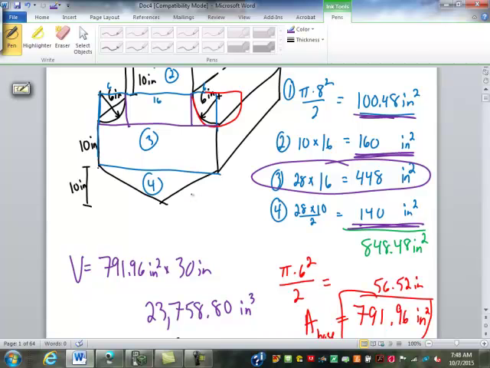Okay. And let's take a look at what would happen. So you've got 10 by 28, right? Which is 280. You got 16 by 6, which is 96, right? So far that is 376. And we're going to add to that. Now remember, this is 448 minus the 56.52. Right.